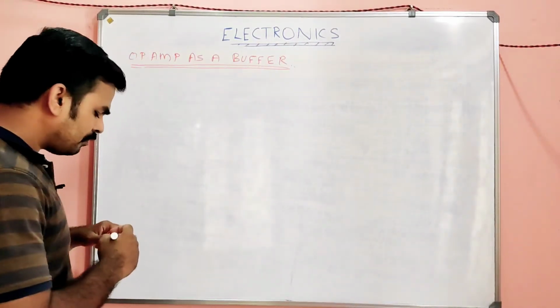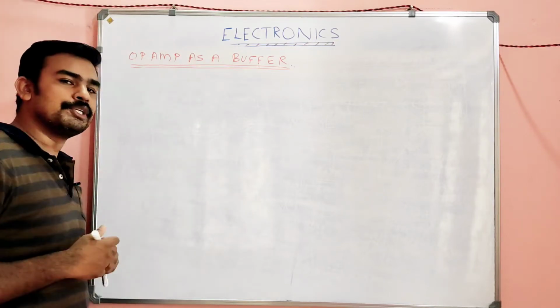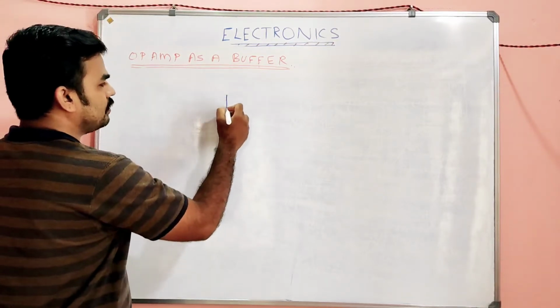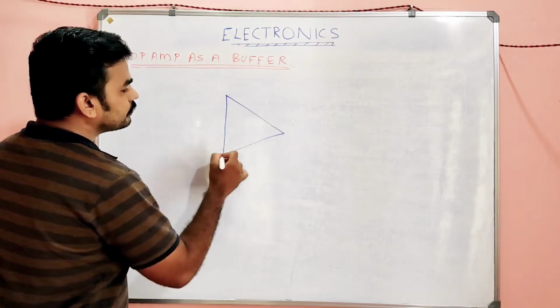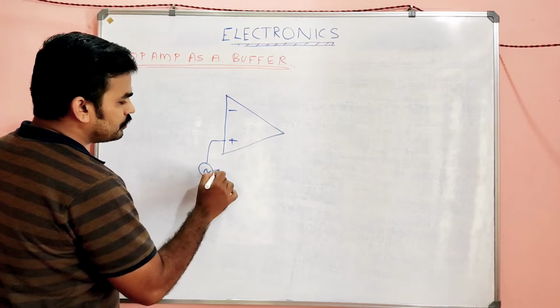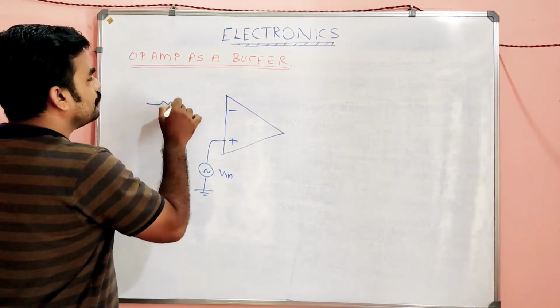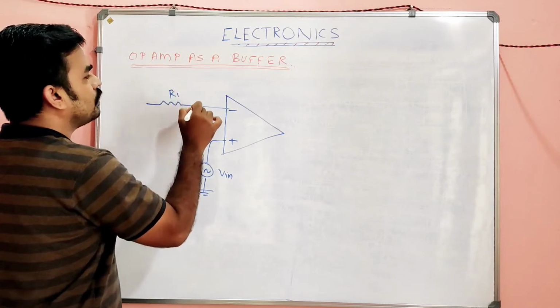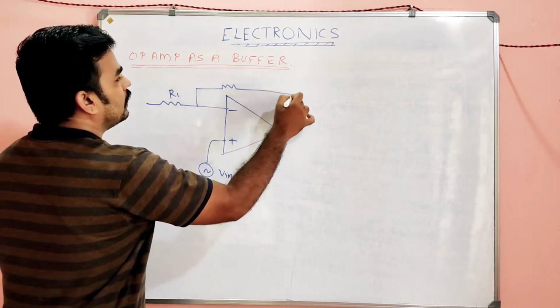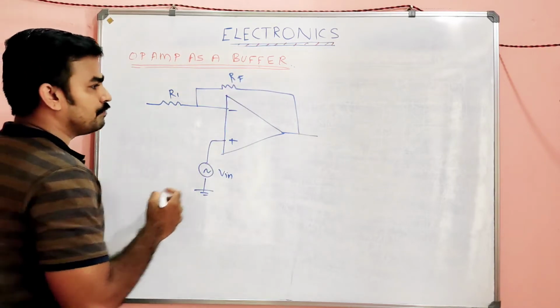So what is the basic non-inverting amplifier circuit using op-amp? Basic non-inverting amplifier. We are giving input to the non-inverting terminal and we are using R1 and the feedback resistance RF.